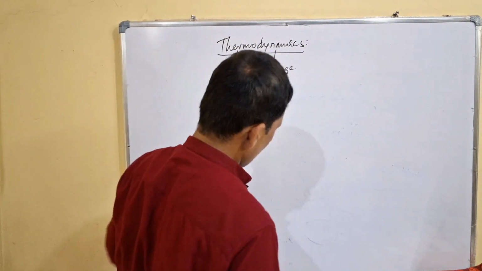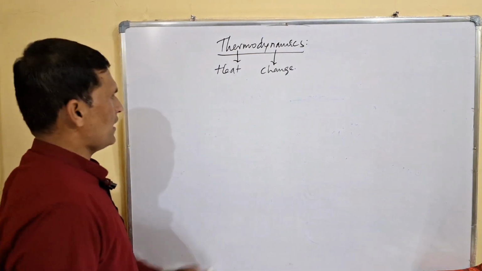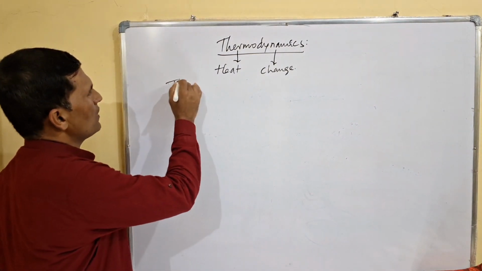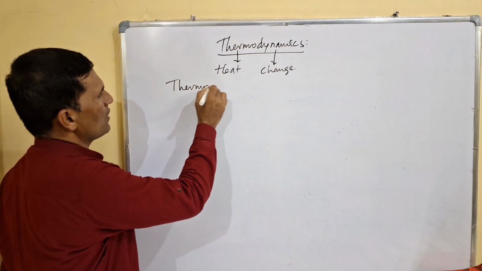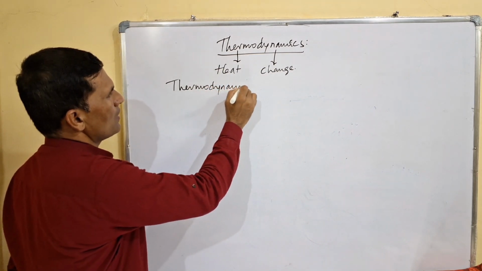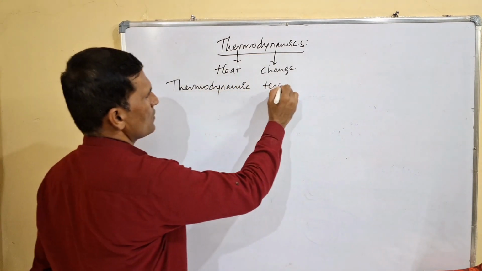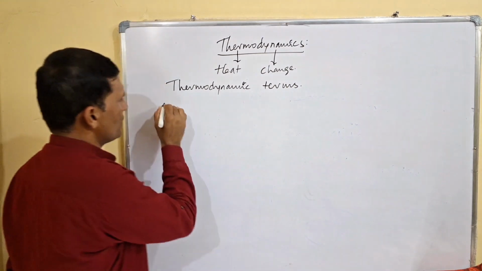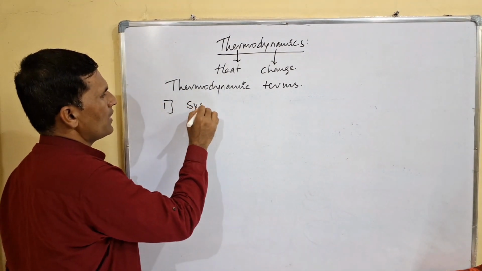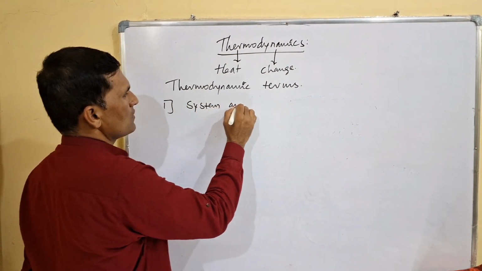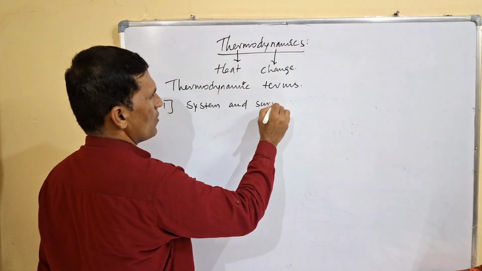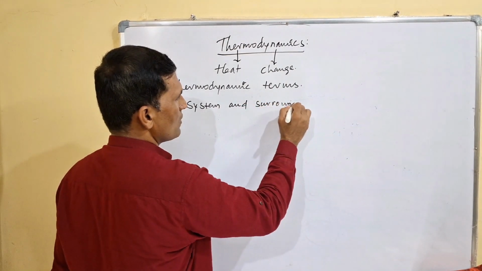Among those, very important thermodynamic terms, the first one is system and surrounding. Both we will define together.